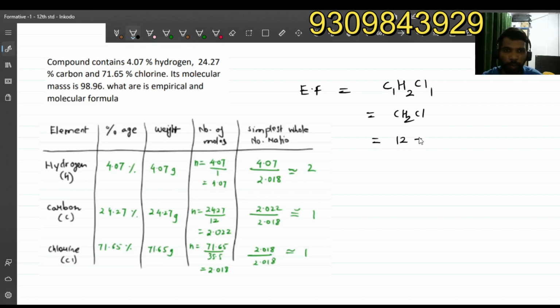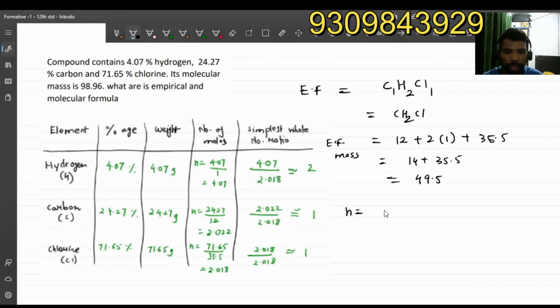It is 12 plus 2 into 1 plus chlorine is 35.5, right? So 12 plus 2 is 14 plus 35.5. That comes to 49.5, right? This is empirical formula mass.